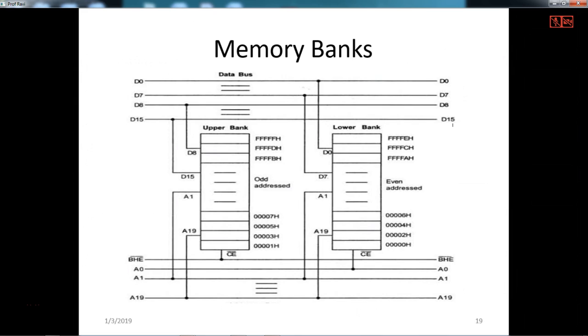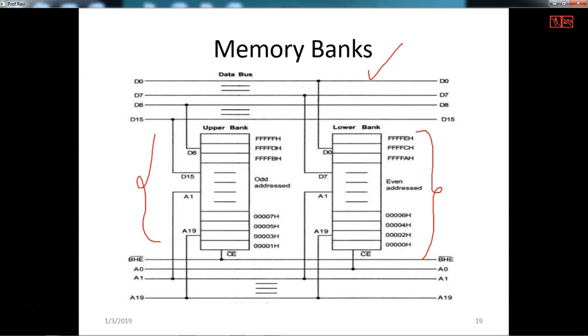But if you use only one memory IC, it takes two clock cycles. So it is wasting a clock cycle. So then what we do, we divide the memory into two banks, even bank and odd bank. Right. So then when we do memory interfacing, two memory chips are needed.